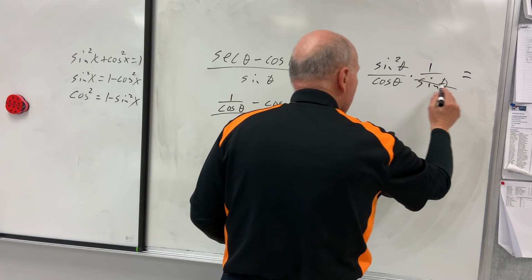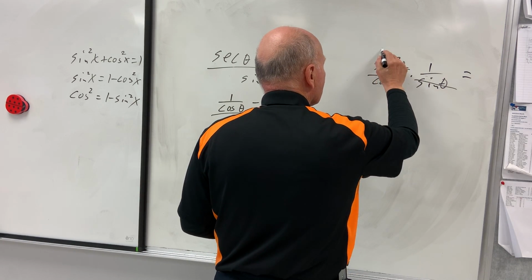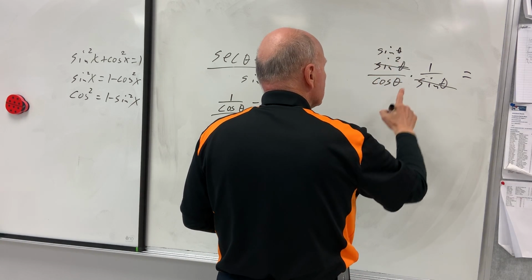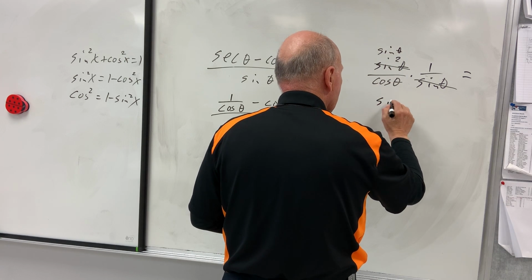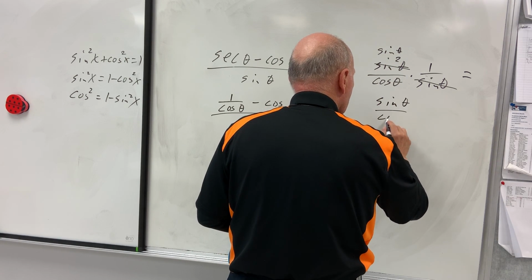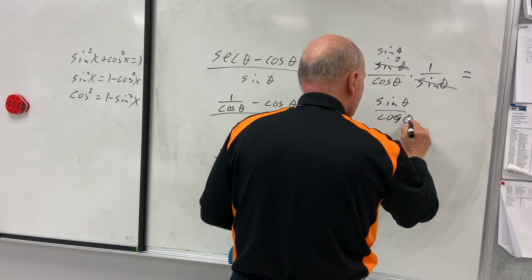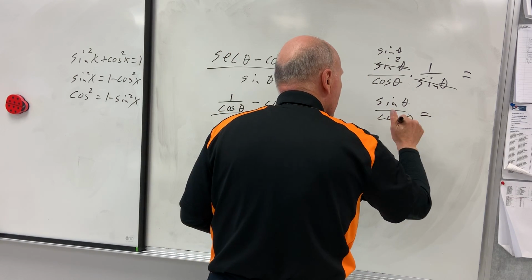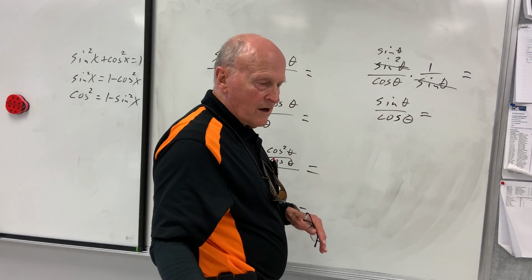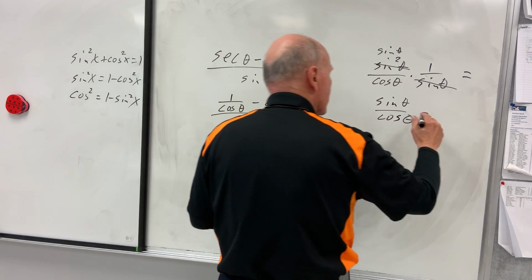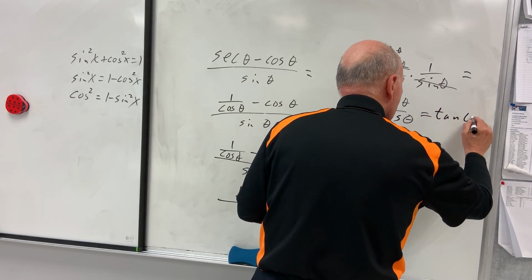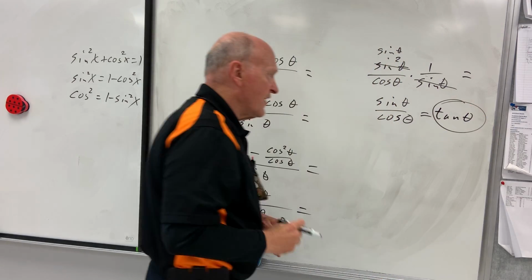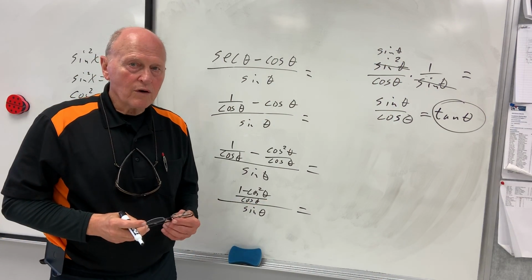I see that sine theta will go into sine squared theta sine times. So this gives me sine theta over cosine theta. And sine theta over cosine theta, if we look at our identity formulas again, we see that this is tan theta, and that is our simplified form.